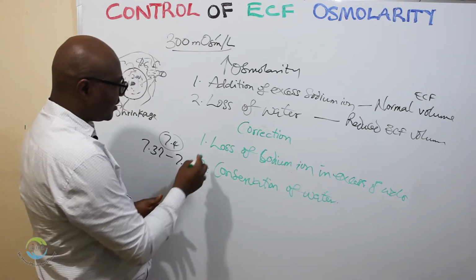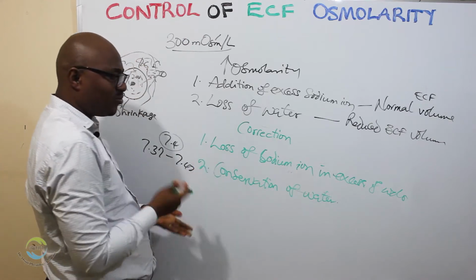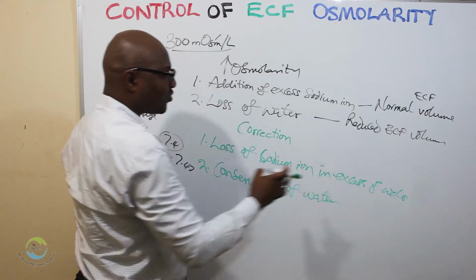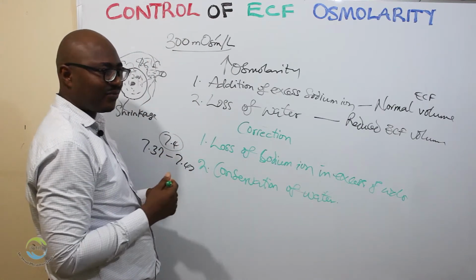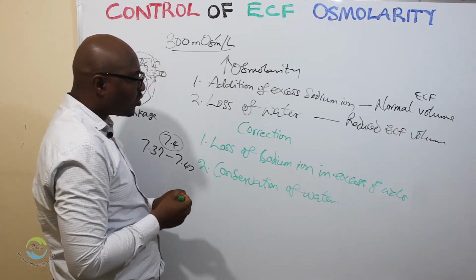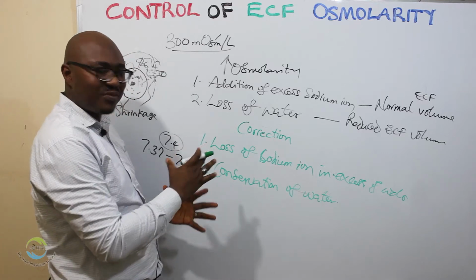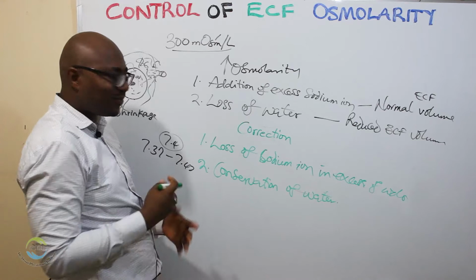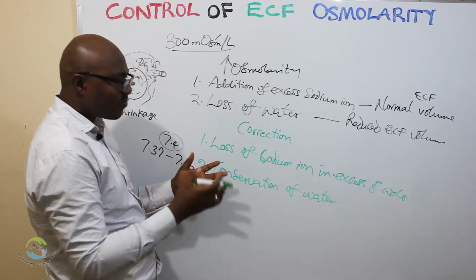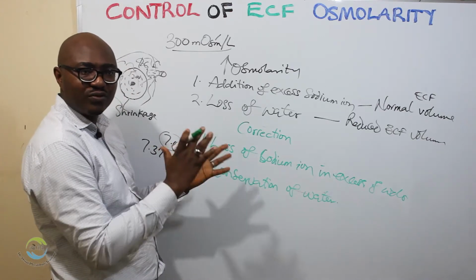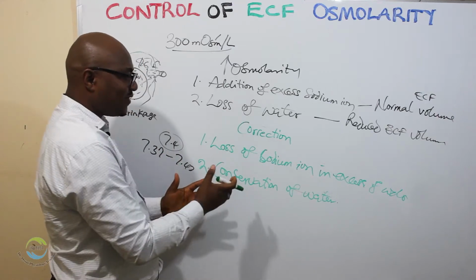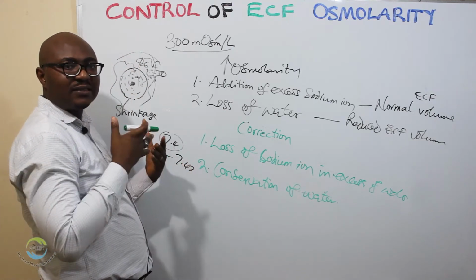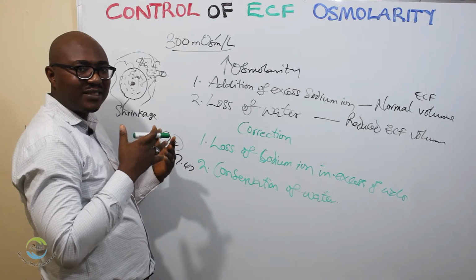But there is something that is also a problem, especially with this correction. How do you think that loss of sodium in excess of water can happen by itself? Because whenever sodium is being lost through the kidney, water usually follows it. That's the problem. Sodium and water always try to move together. Whenever there's conservation of sodium, water is conserved with it.